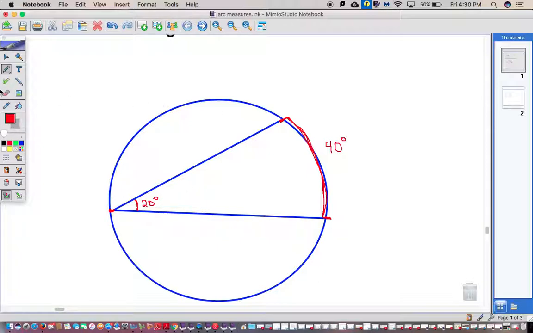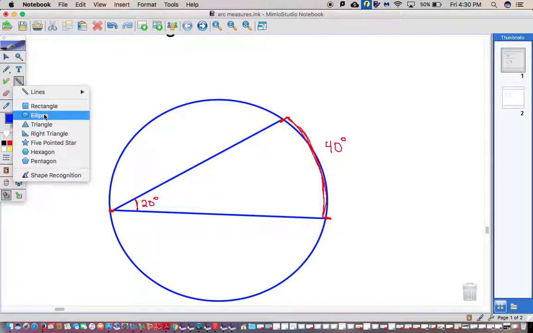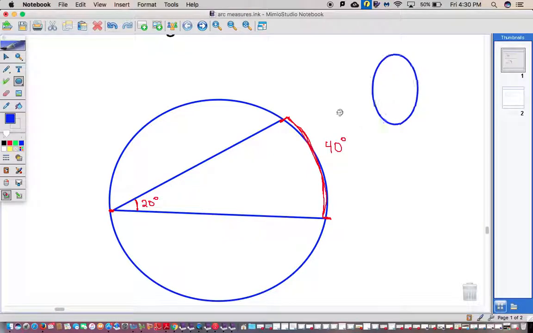Okay, so we can look at a couple more of those. If we have a circle here, and we have this angle here. Oh, no, we're going all the way. So this is actually a really great one. We've got this going through the center, and we know that because I drew a center point.